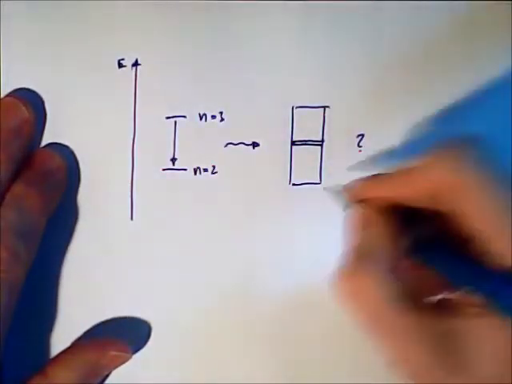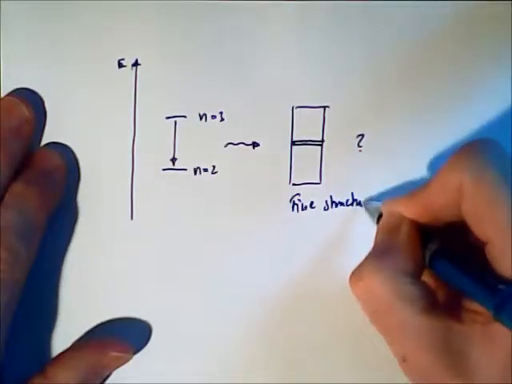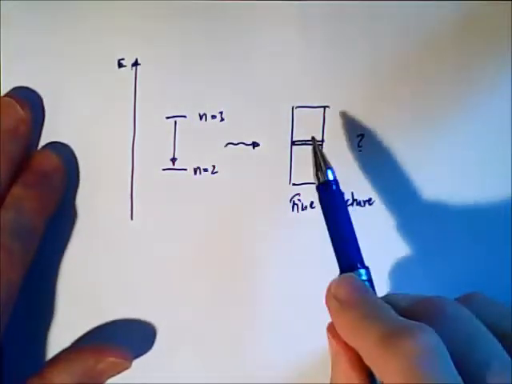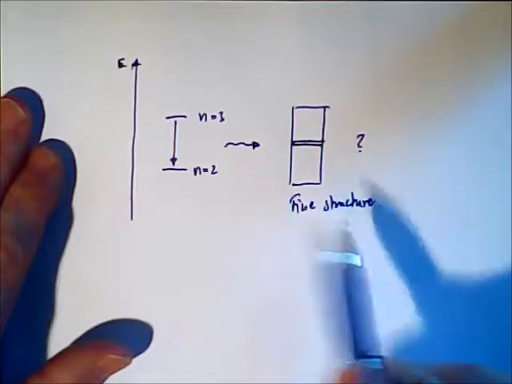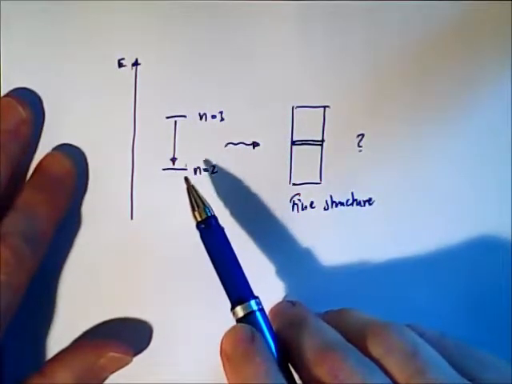We call this fine structure. And many other lines appear as multiple lines, not just a single line. So this fine structure we cannot explain with this model here.